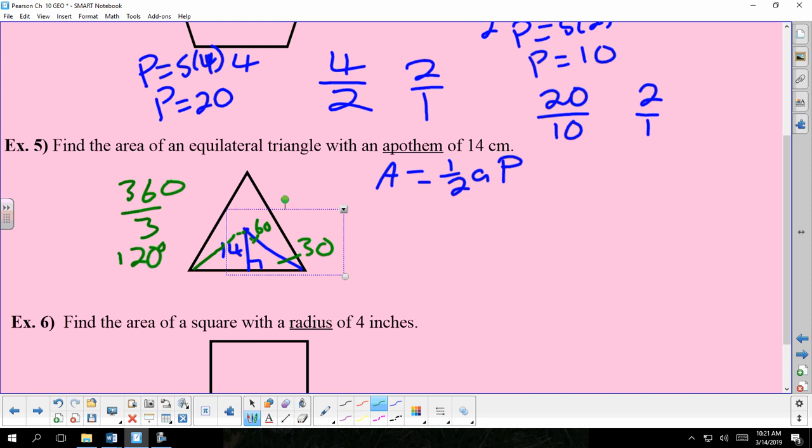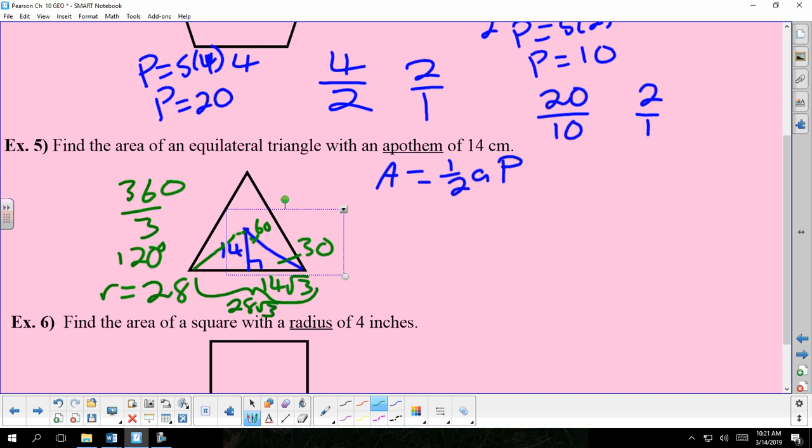So what's the radius? We don't need the radius, but the radius is going to be 28. And what's this? Half a side is going to be 14 square root 3. So 14 square root 3 is half of a side. So this entire side is 2 times that, or 28 root 3.